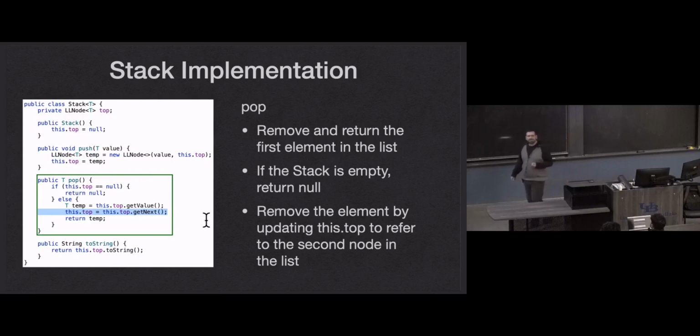So we're going to update top to be a reference to this.top.getNext, the next element, the second element. Which means we've effectively cut the first element out of this list, and it doesn't exist anymore. It's going to get garbage collected. Any questions on how a stack works?